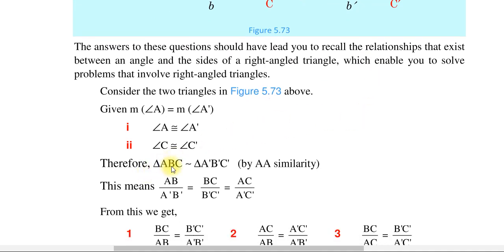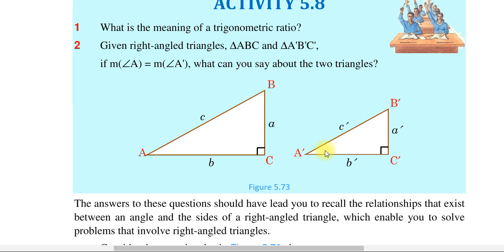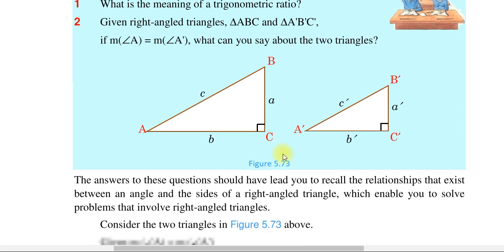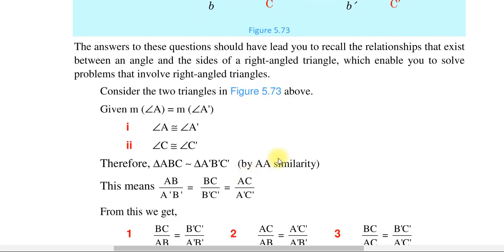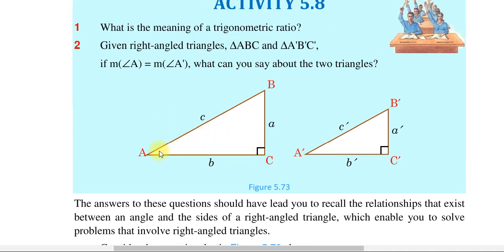Therefore triangle ABC is similar with triangle A prime B prime C prime by the angle similarity theorem, because the angle here equals the angle there, and the right angle equals the right angle. It is given that the measure of angle A is equal to the measure of angle A prime.